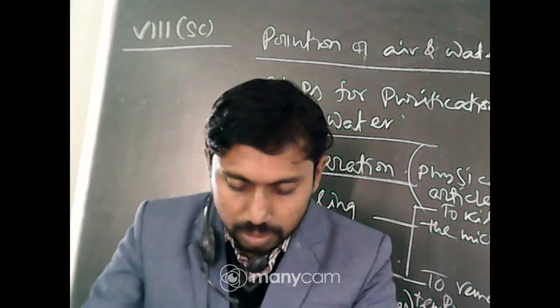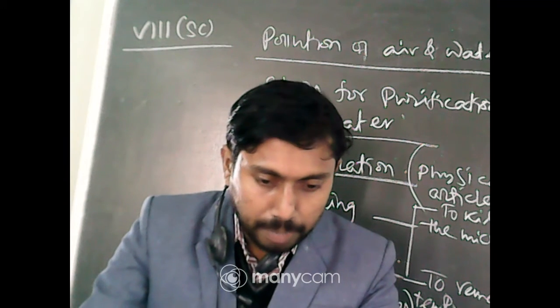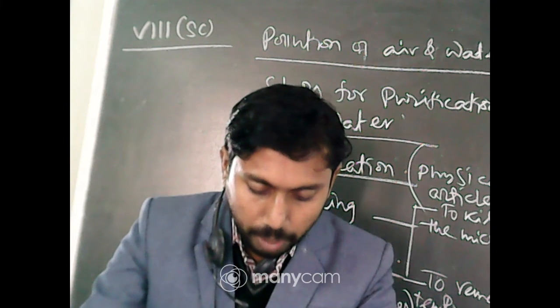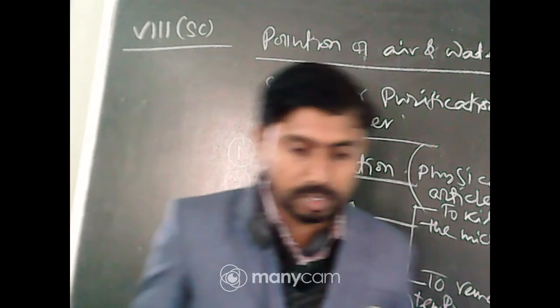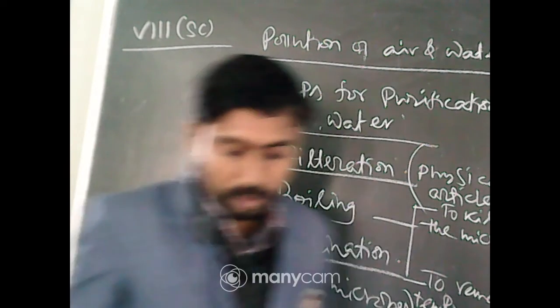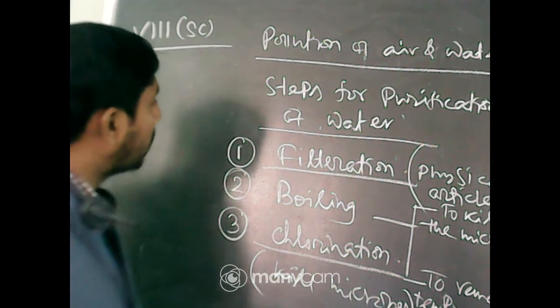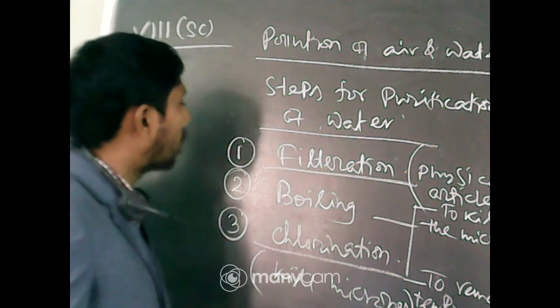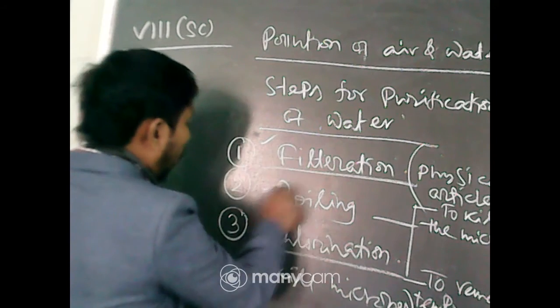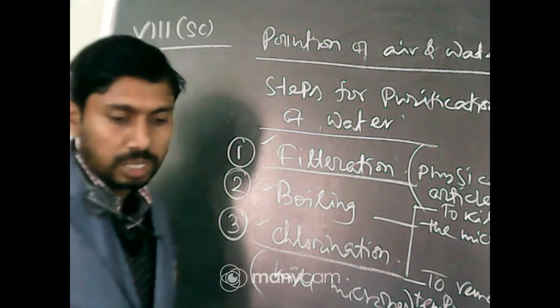Okay, next one. And up to this, does anyone have a problem? Section 18.8 completed. Can you write these steps? Steps for purification of water: filtration, boiling and chlorination. This is also given in your text.